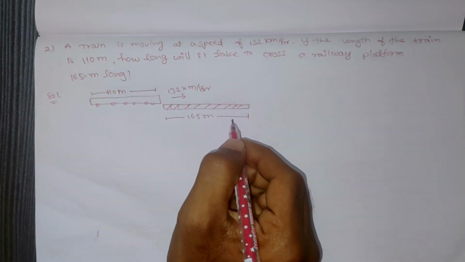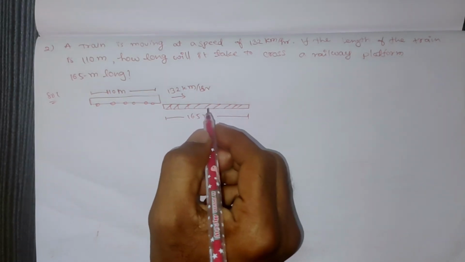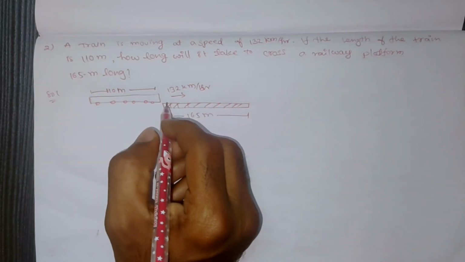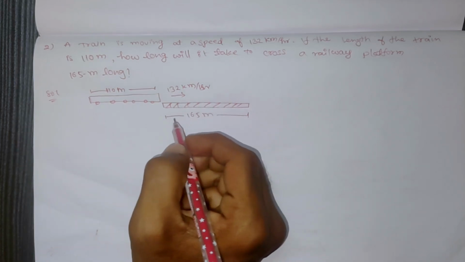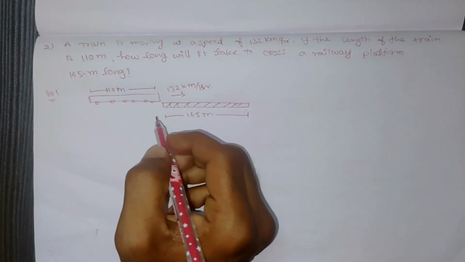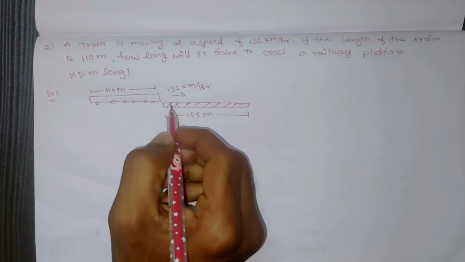So here he's asking how long it will take to completely cross this platform. So we need to calculate the time taken by this train to completely cross this platform.